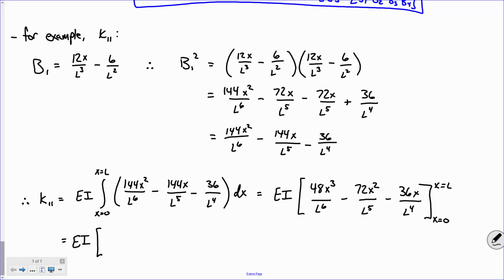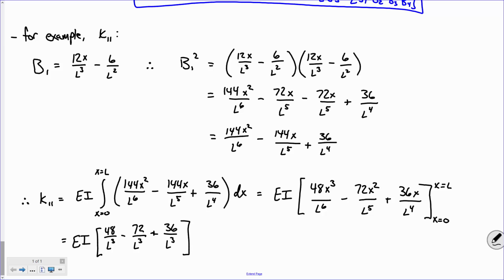So 48 times L cubed over L to the 6, that's 48 over L cubed, minus 72 over L cubed, minus 36. Oh, something's wrong with my signs. That's supposed to be a plus. That's supposed to be a plus. That's supposed to be a plus. That's supposed to be a plus. Over L cubed.